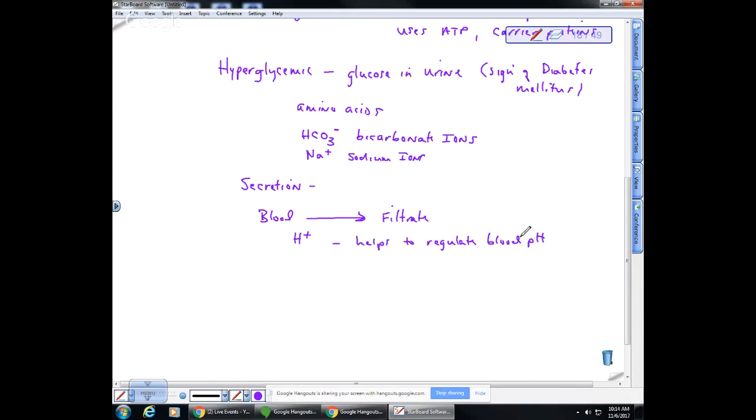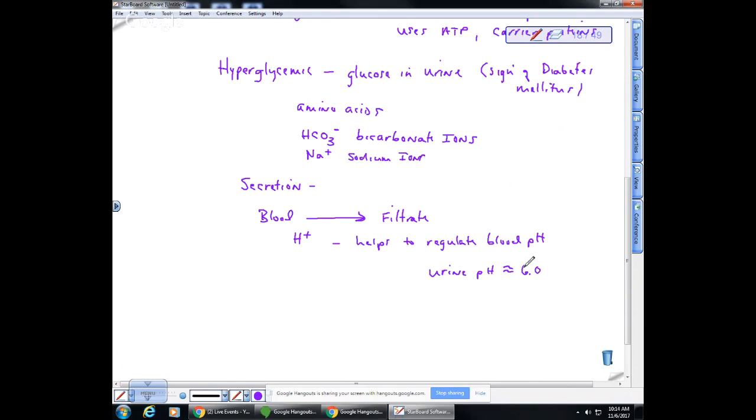So when we look at the pH of the urine, it is very variable, right? So you notice that you could see differences in the pH. Urine, the pH is about 6, so it is slightly acidic, okay?